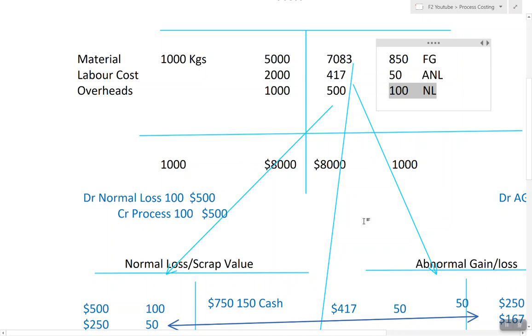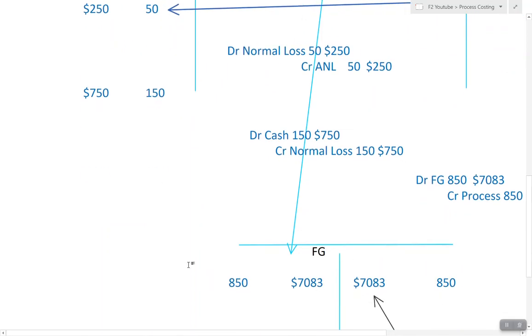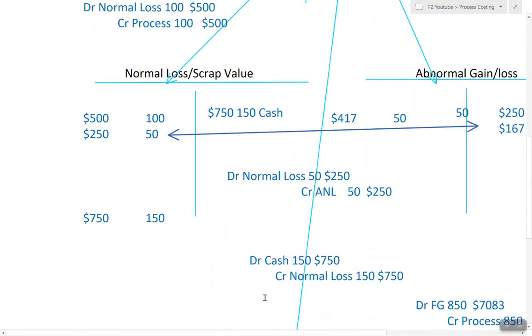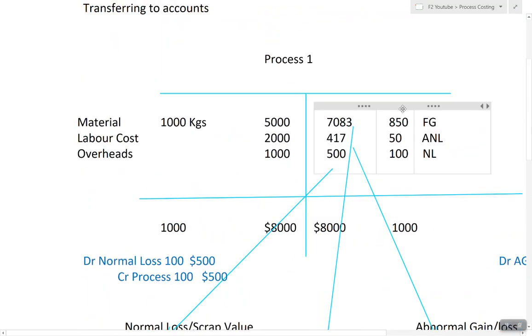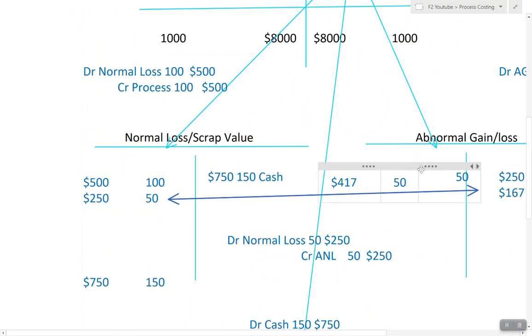Remember, never memorize double entries, understand them. If we have credited process account, we will debit finished goods account, finished goods inventory, so obviously it will be debited. So debit finished goods, 7,083 and 850 units, and credit process account. Abnormal loss will go to abnormal loss account, credited process account, and debit abnormal loss account.